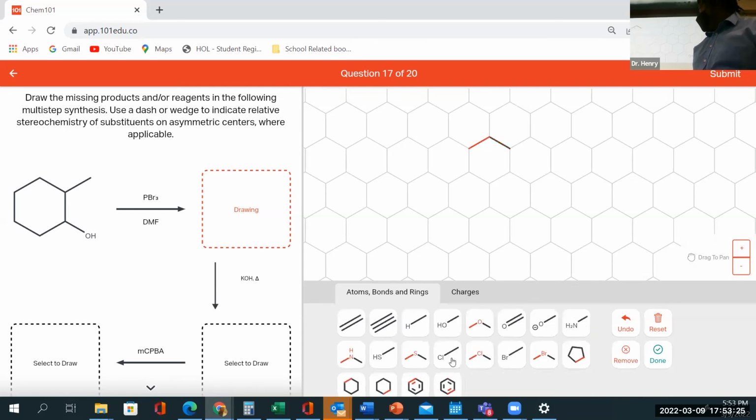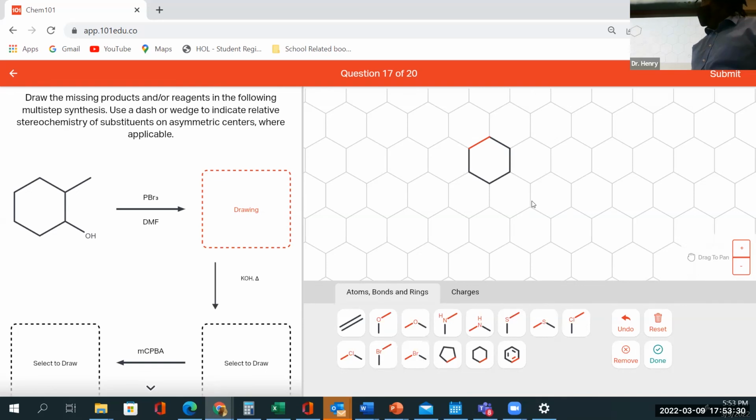So we're going to get, okay. And then we're going to get, where's it going to attach? But also, let's look at it. So we're going to get a final product.